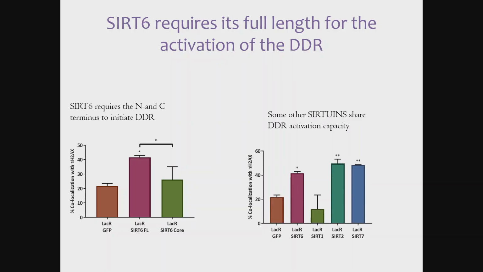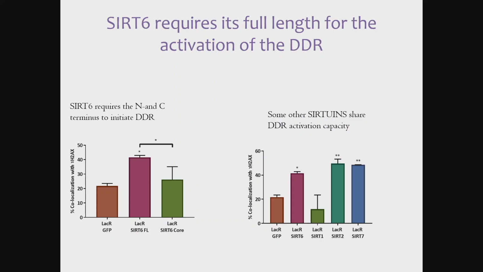And again, we check the other sirtuins, and some of them again have the capacity to activate the DNA damage response if they have the LAC domain. So we have a full new family of sensors that can identify broken DNA and send the signaling, and this is why maybe they are so important for the aging mechanism.